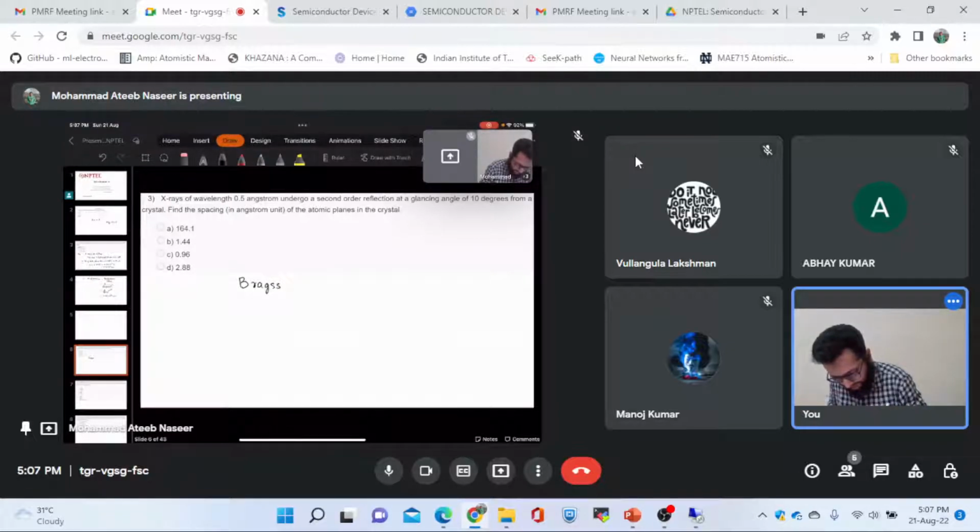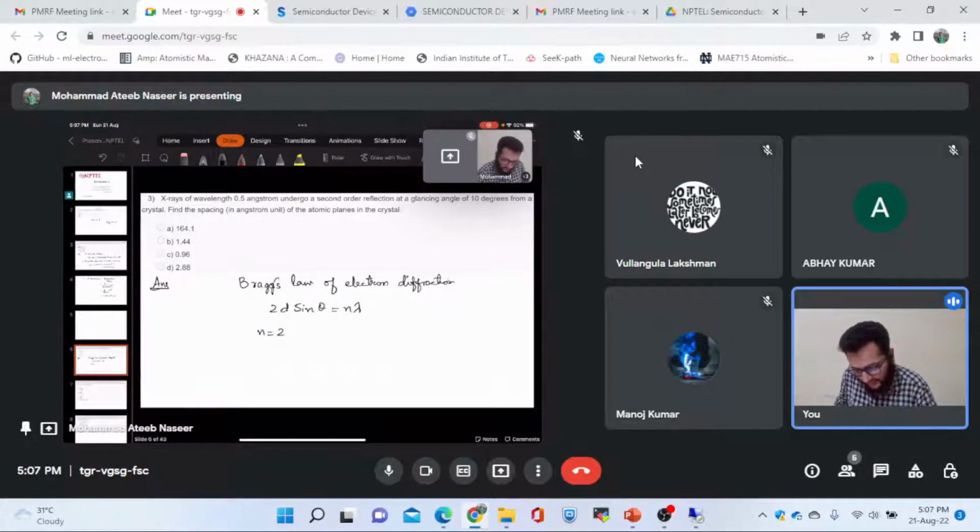Bragg's law, which, as taught by the professor, simply states 2d sine theta equals n lambda. So this n here is 2, as it has been mentioned in the question that it is the second order reflection.